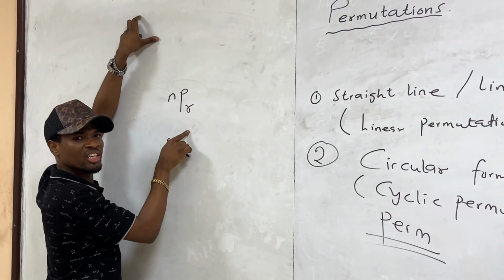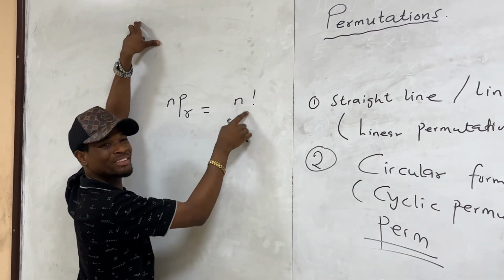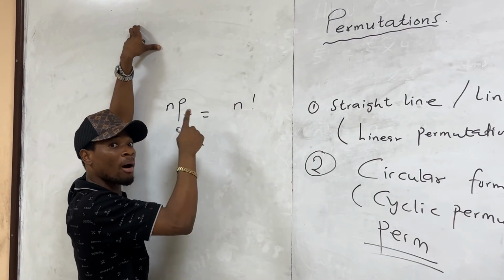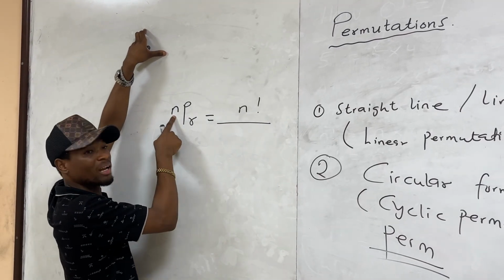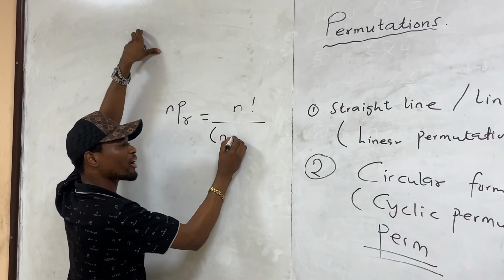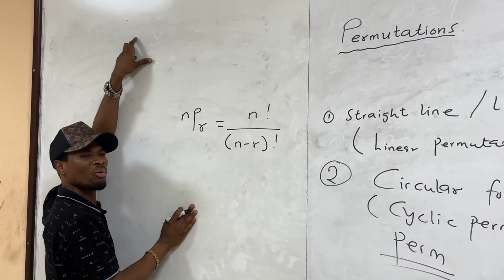So n permutation r equals n factorial, and we know what n factorial means from our previous lecture videos, all over n minus r, all factorial, as simple as that.